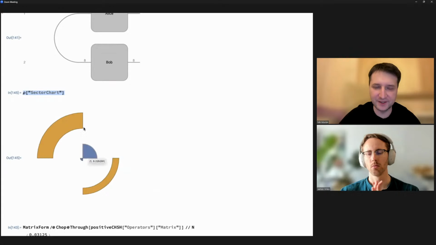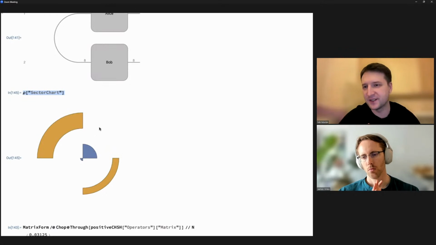Now it's gonna contain basically 4 outer sectors that correspond to positive probabilities, and 4 negative sectors that correspond to negative outcomes and negative probabilities, right?